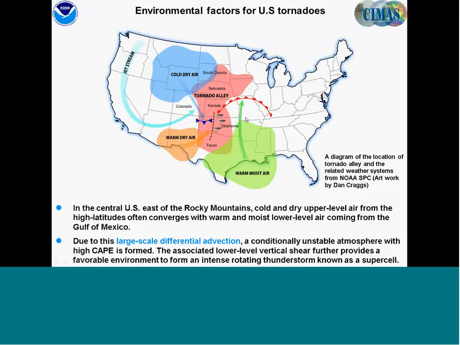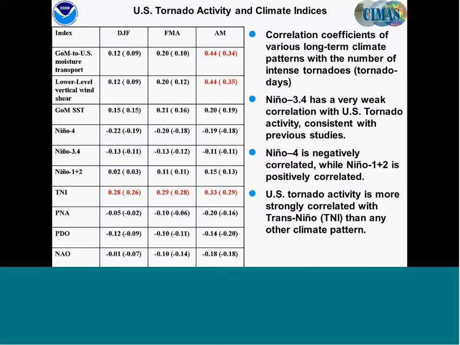Because of this increased large-scale differential advection, a conditionally unstable atmosphere with a very high CAPE is formed here. And also because the wind direction changes with altitude, there is also a very strong low-level wind shear associated with it. Those conditions provide a favorable environment to form an intense rotating thunderstorm known as a supercell.